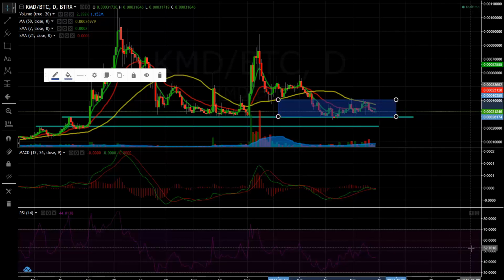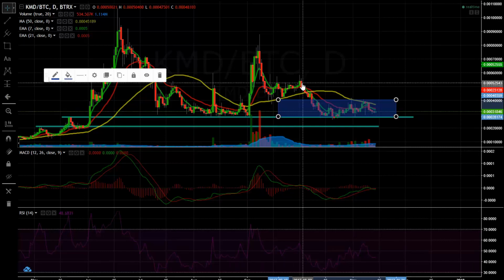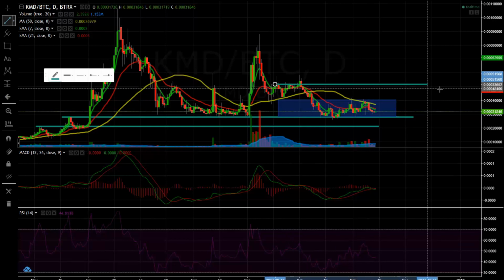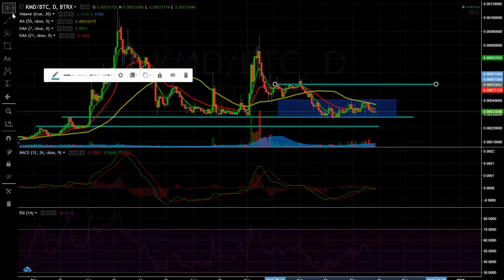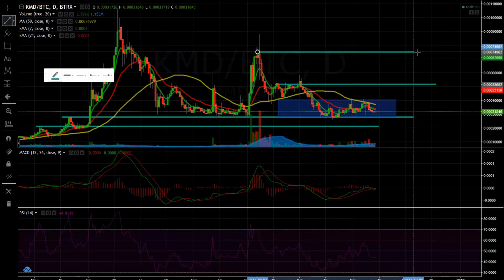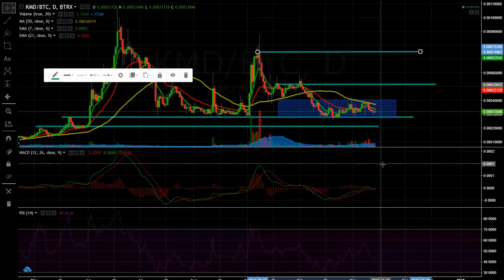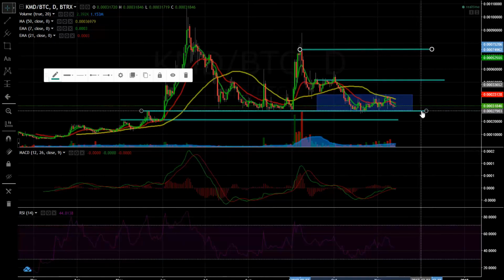So once it breaks this, hopefully we can reach, at minimum, our first target here. Our second target would be here. So 2 solid trades, right? So here's our last support.